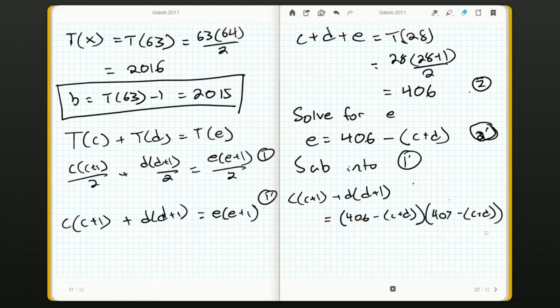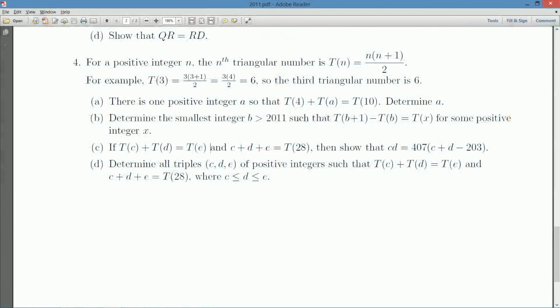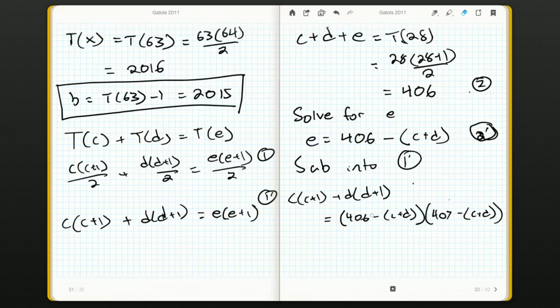So, I'm seeing I got my 407 here. What else do I need? I have 407 here. I have a c plus d minus 203. So we're sort of in the ballpark. We've got a 407 kicking around. And we have 406, which is twice 203.